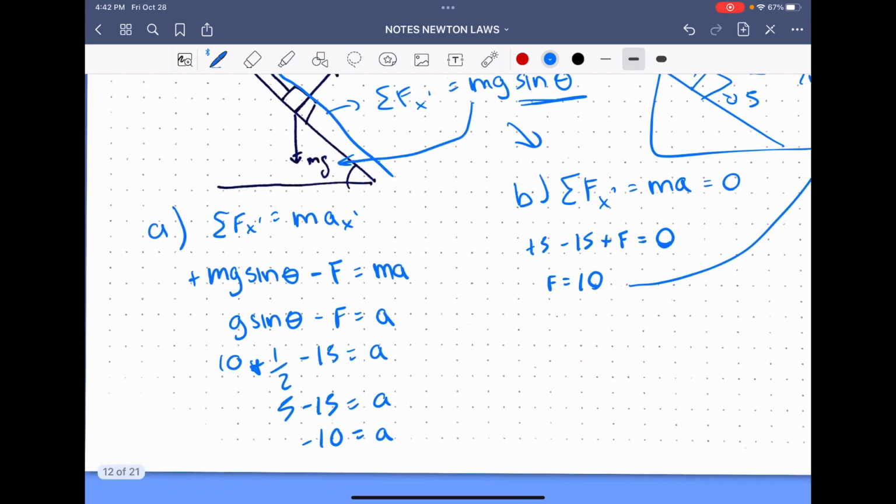We decided to have that direction as positive, so it's going to be mg times sine of theta minus F equals ma. So we get rid of the m already, and we're left with g sine of theta minus F equals a. And then we just plug in the numbers.